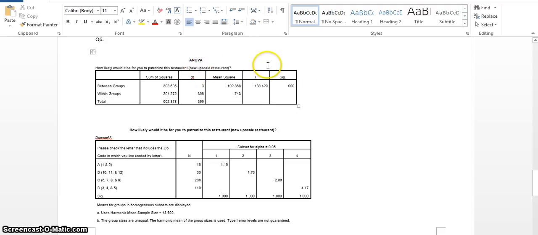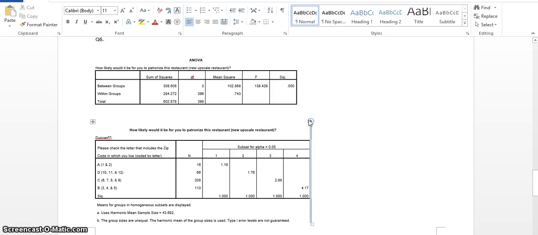You will always have to report the ANOVA table first. This is the post hoc test. Okay? So you will just discuss the mean value after you discuss the significance. Again, if it's not significant, then that means that there's no difference, so you don't have to go into detail. But if they're significant, that means you have to go into detail.